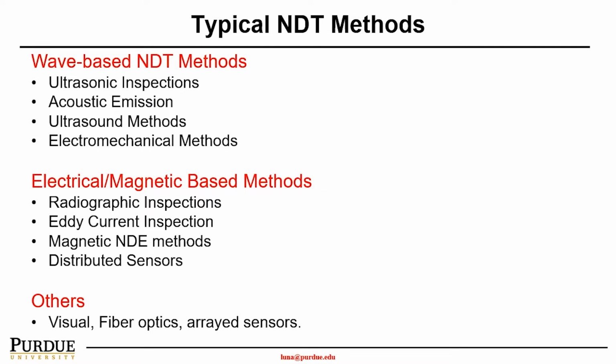Typical NDT methods can be grouped into two categories. One is wave-based NDT methods. In this group, people often use acoustic waves to generate either vibration or sound in the testing objects, and based on the signal received, detect the material property.